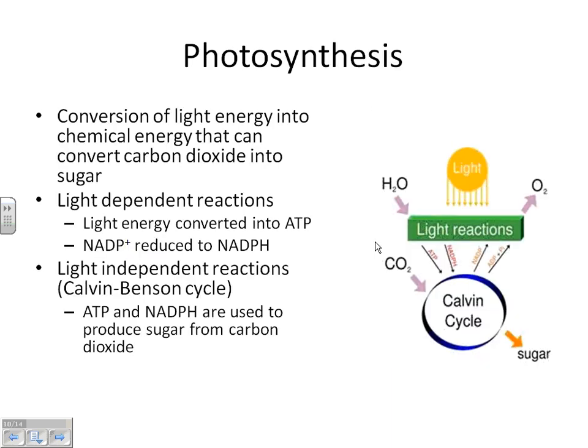Okay, so now let's get to where we need to spend a little bit more time today, and that's finishing photosynthesis. We didn't spend as much time on this the other day. Photosynthesis you can think of as almost the exact opposite in many ways of what we just talked about. The purpose of the carbohydrate catabolism we just went over was to use sugar to make energy. The purpose of photosynthesis is to make sugar.